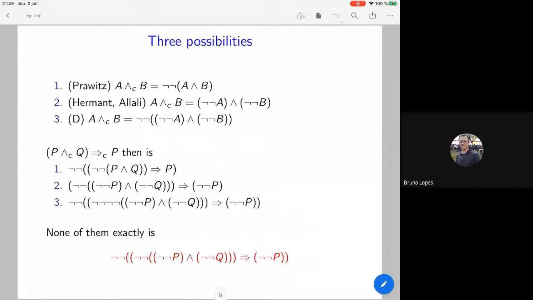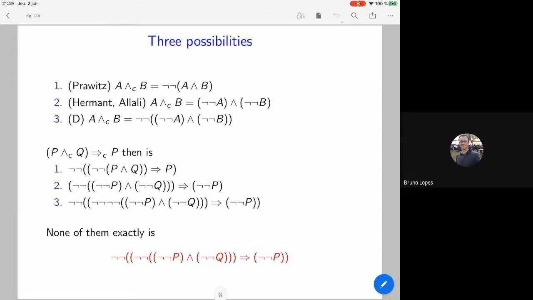And look at Prawitz's definition. You don't see how it would put double negation in front of atoms. Of course, you have the double negation in front of atoms in the case of Herbrand and Allali, but then what is missing is the double negation at the root of the formula.